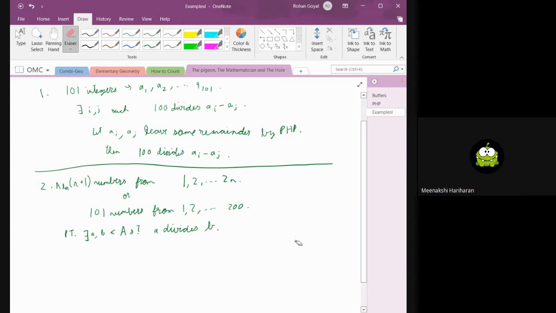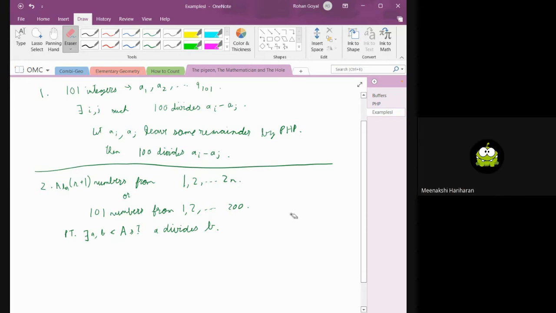Sure, go ahead. Since we're taking n plus 1 numbers out of 2n numbers, continuous, if a number has to divide the other one, it has to at least be divisible by 2. So if x has to divide y, the least it can be is y equal to 2x.